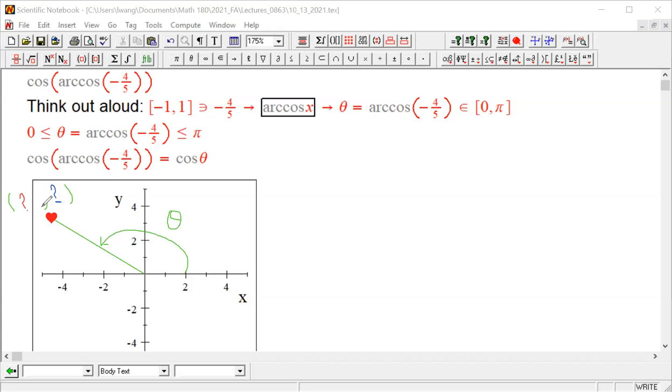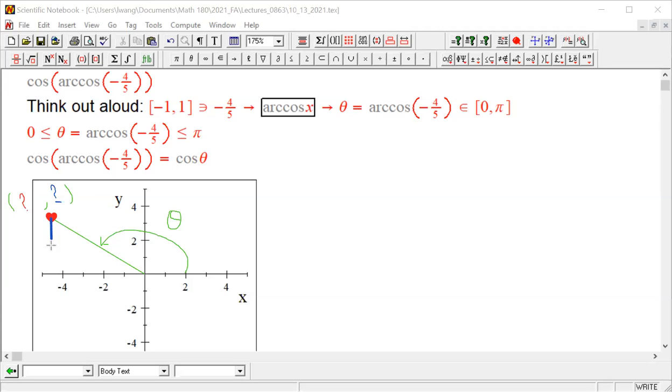The red number is for the x, right? So what's the red number? This is going back to the basic concept. Oh, sorry, that's the wrong color. Okay, let me use the blue.